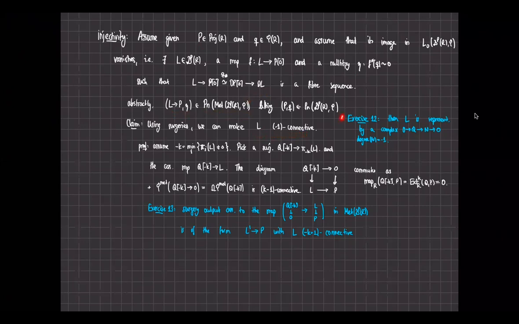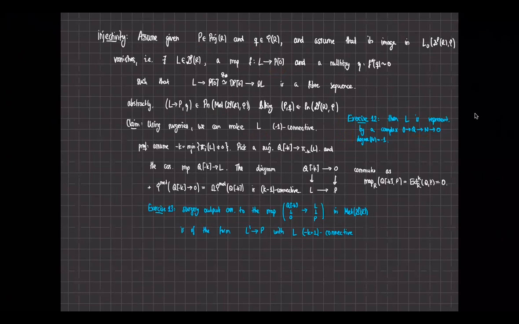Then there's the exercise that tells you that, suppose you found a -1 connective Lagrangian of your fixed object P0 equipped with this form Q, then the exercise is to show that in fact L is represented by a chain complex with just two groups, Q and N, sitting in degree 0 and -1.